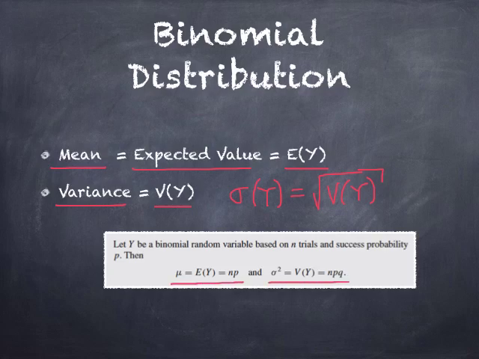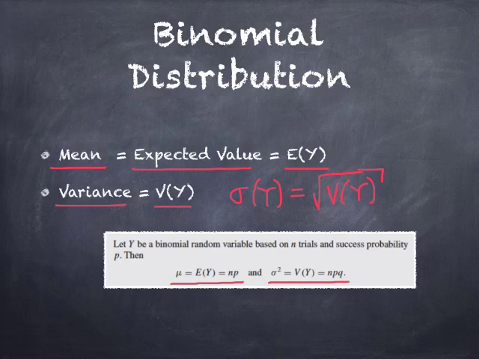We could verify these formulas with the definition of expected value and with the definition of variance, but we are going to just use them and trust the formula. So if you want to get the expected value of a random variable that has a binomial distribution, you just need to multiply n times p.